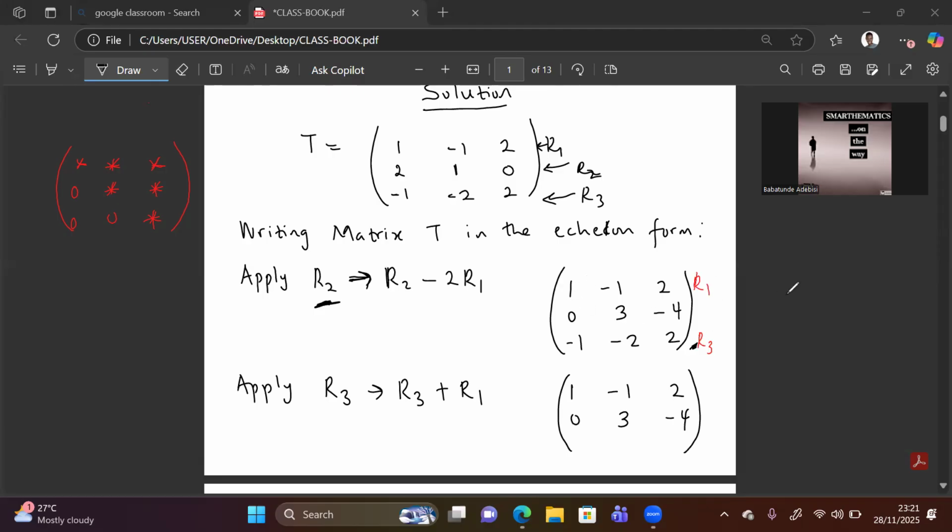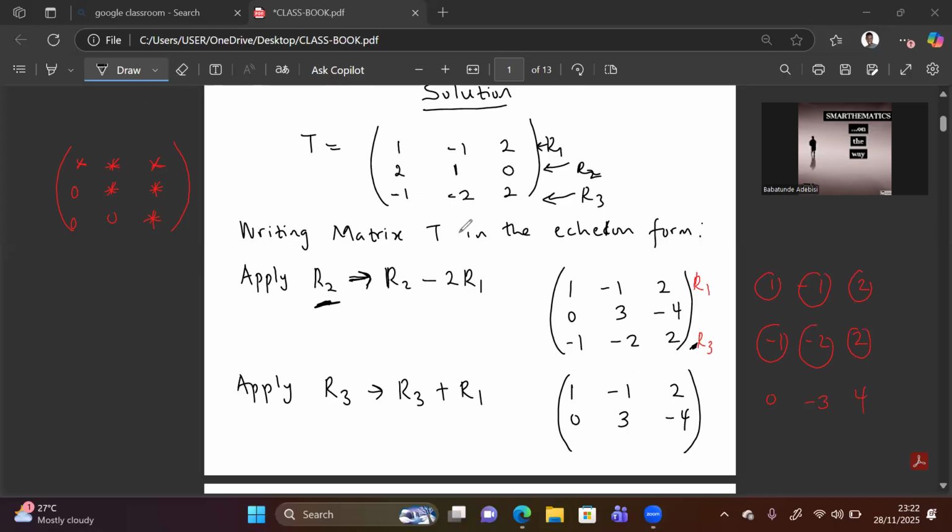R1 is 1, minus 1, 2, and R3 is minus 1, minus 2, 2. If I add 1 and minus 1, that gives us 0. If I add minus 1 and minus 2, that gives me minus 3. If I add 2 and 2, that gives me 4.